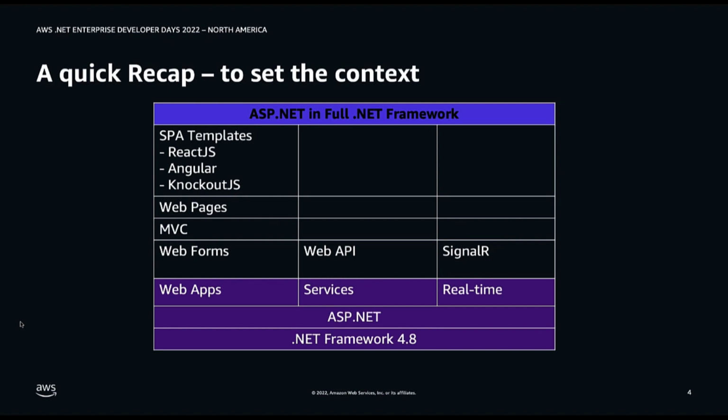It has friendly URL routing, allows deeper extensibility and follows the real web development experience. ASP.NET also provides built-in templates for building single-page applications such as Knockout.js, React.js, AngularJS, etc.